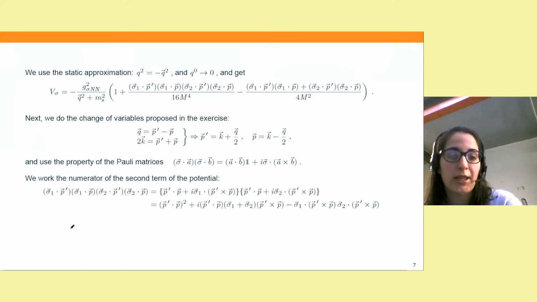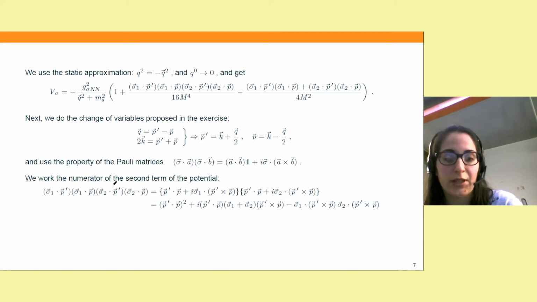So we can work the numerator of this second term here, that we see is quite complicated, but we can work it out and see what we get. We apply this property here. So sigma 1 times P prime multiplied by sigma 1 times P gives us the product P prime P plus I, the Pauli matrices sigma 1 times the vector product.